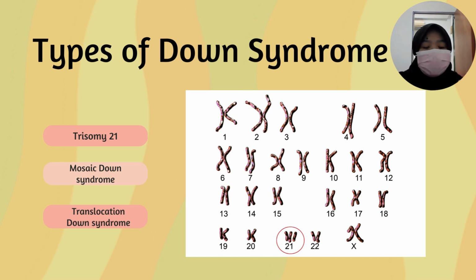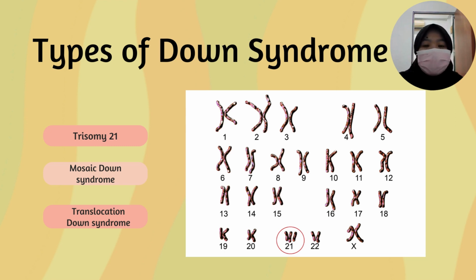When they have an extra chromosome at chromosome number 21, it is classified as trisomy 21 or Down syndrome. Those with trisomy 21 will have an extra chromosome number 21 in all cells.